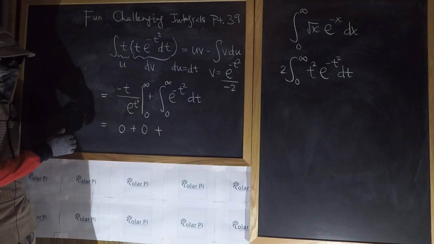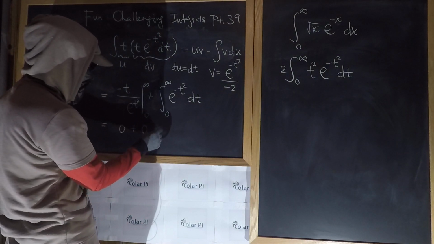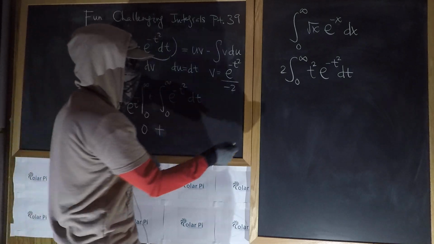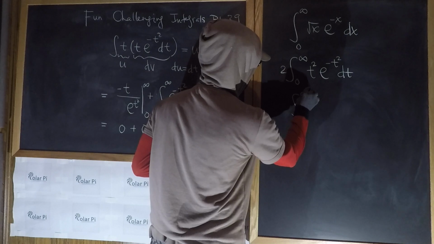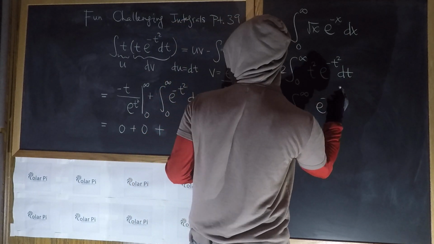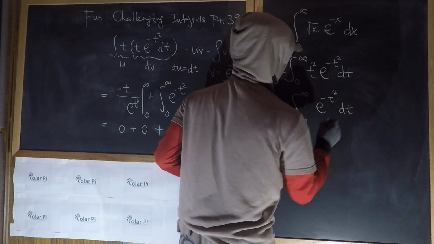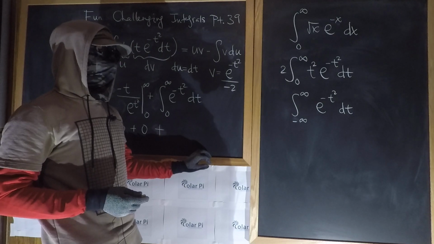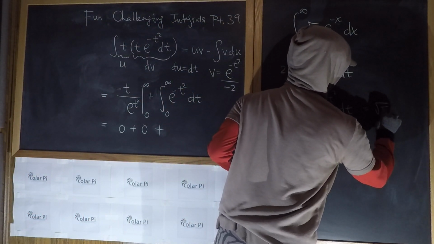I have a video on the Gaussian integral, and I'll link that video below. But recall that the integral from negative infinity to infinity of e to the minus t squared dt is equal to root pi, right?